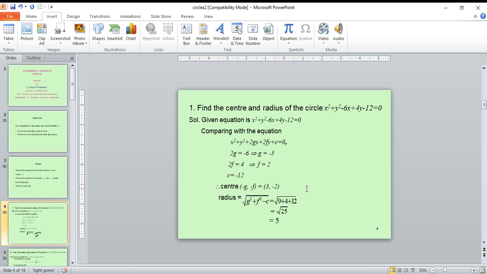This is the general equation of the circle. In the general equation, we have to find out the center and radius.